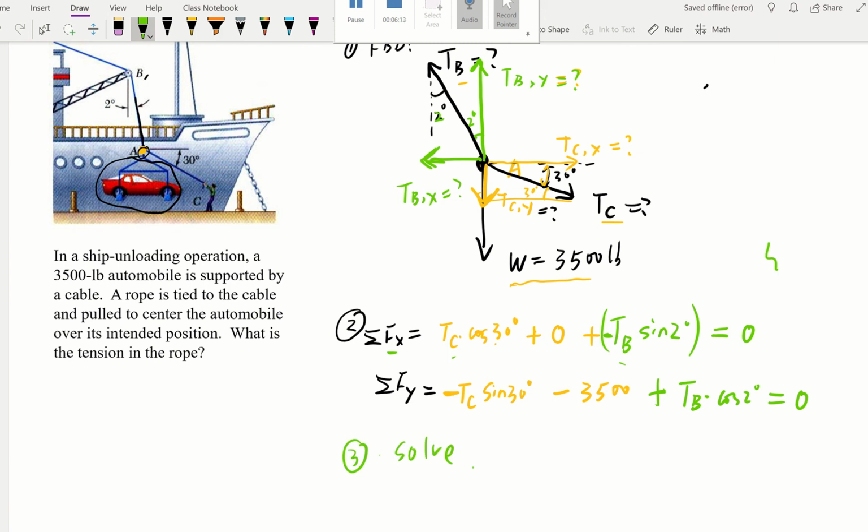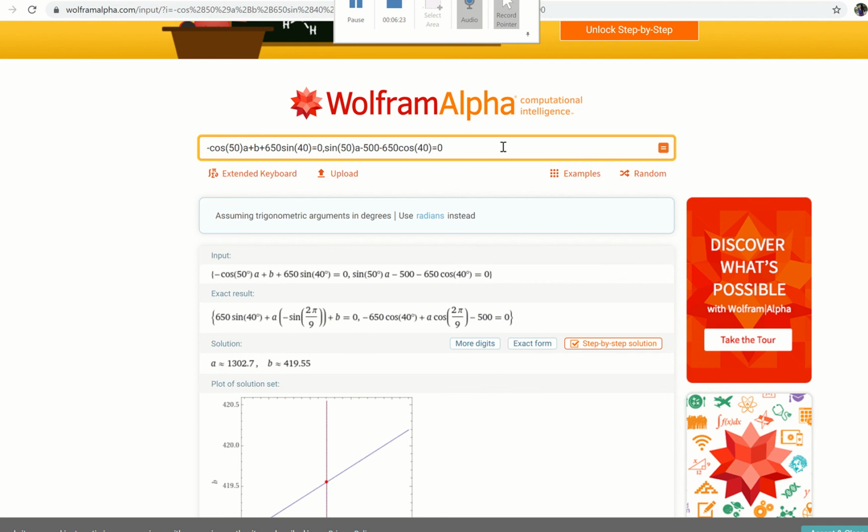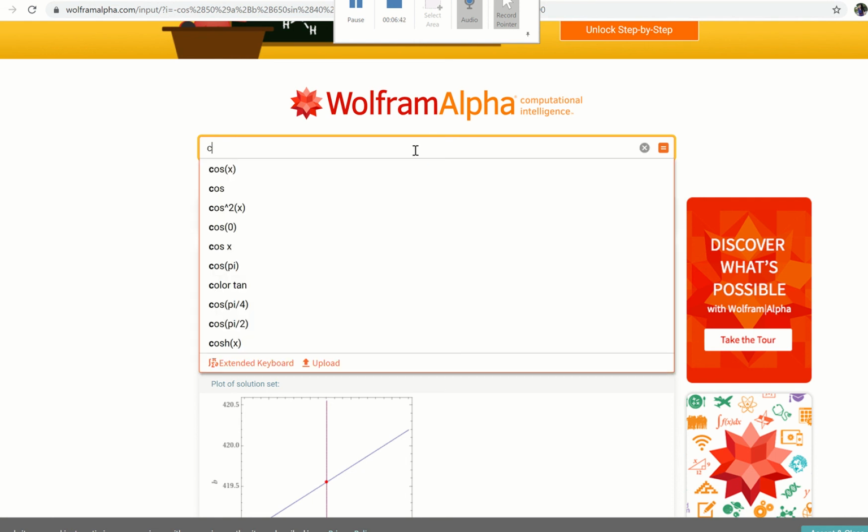Again, I'm going to take a quick picture and go back to Wolfram Alpha just to demonstrate solving these equations. All right, the first term is TC. We learned Wolfram does not take multi-letter variables, so we're just going to use C as our variable.